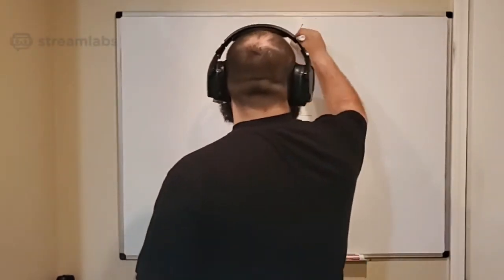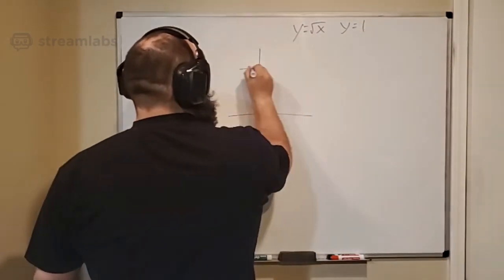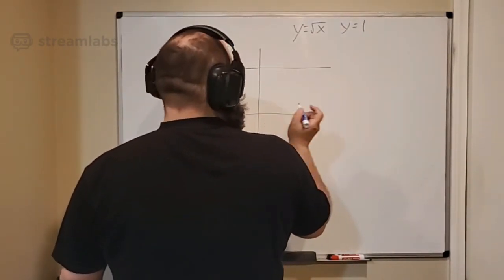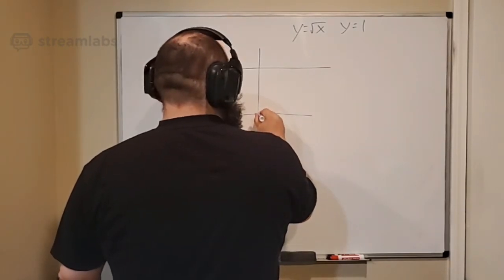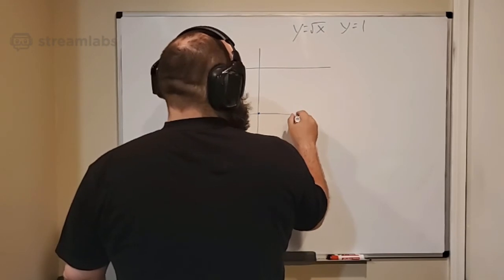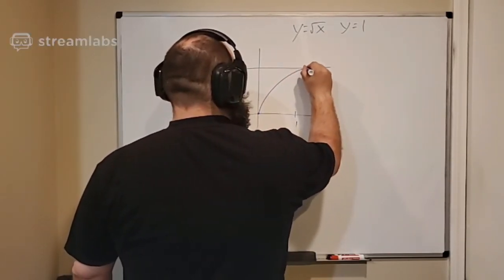So we get y equals square root of x, you have 0, 0. And then, what, 1, 1? So your graph looks something along those lines.